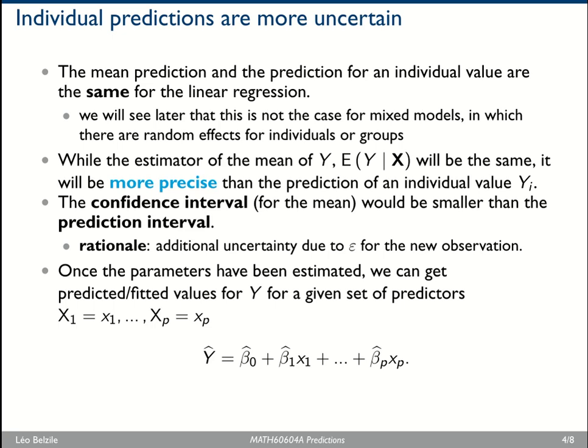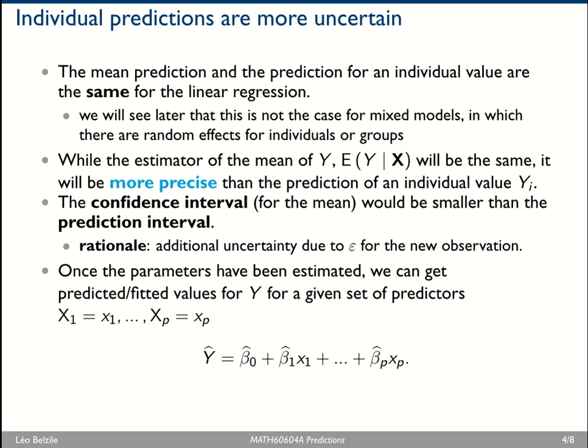So if you wish to build a confidence interval for the mean, it would be smaller than the prediction interval, which is for new observations. And the rationale is that if you're looking at the variability of this y hat, for the average there's no error term epsilon to consider, because the epsilons have mean 0.